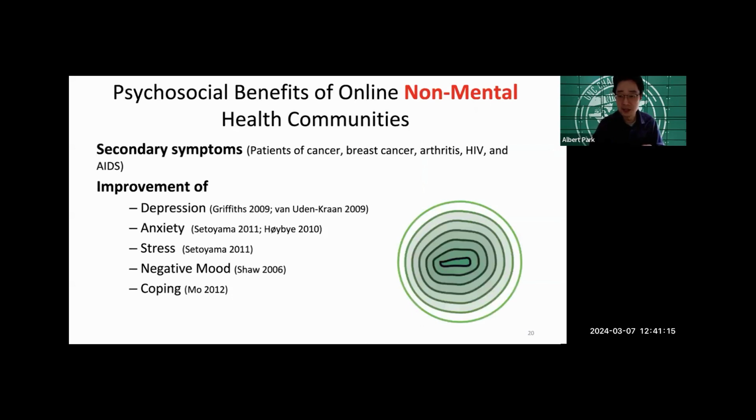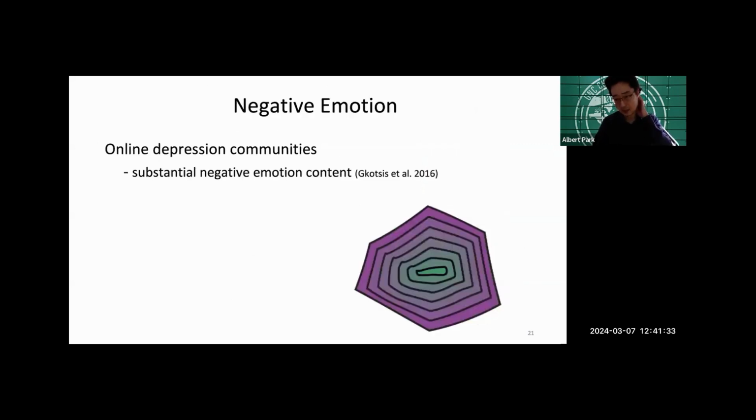In non-mental health communities, for example, patients of cancer, arthritis, HIV, and AIDS have shown improvement of depression, anxiety, stress, and negative mood, and they were able to cope better. However, we also know from literature that a substantial amount of negative emotion exists in depression communities.